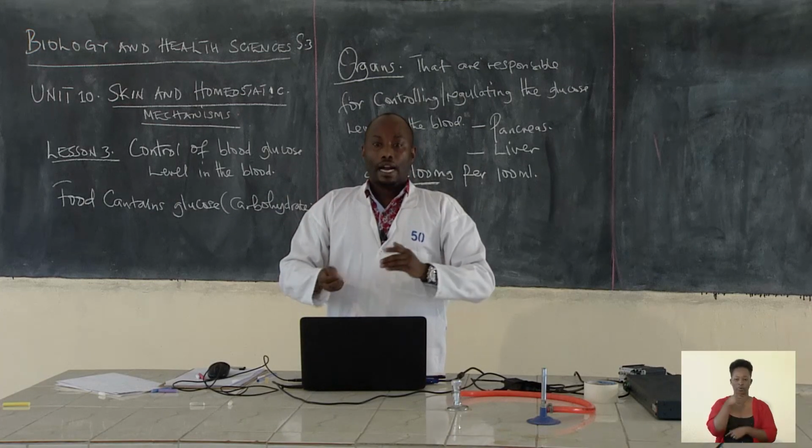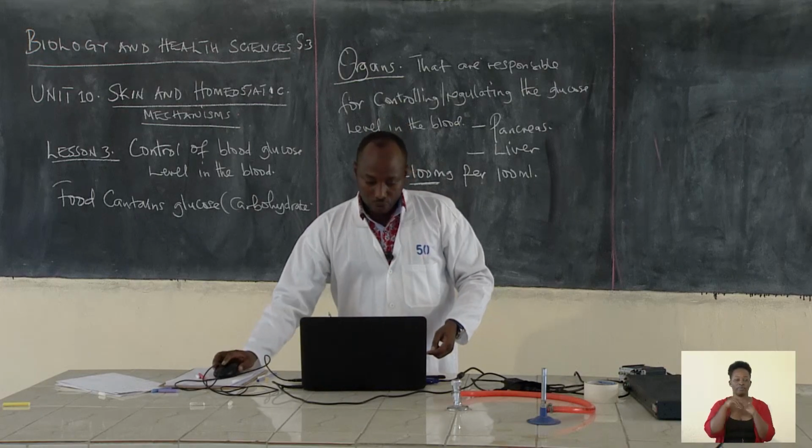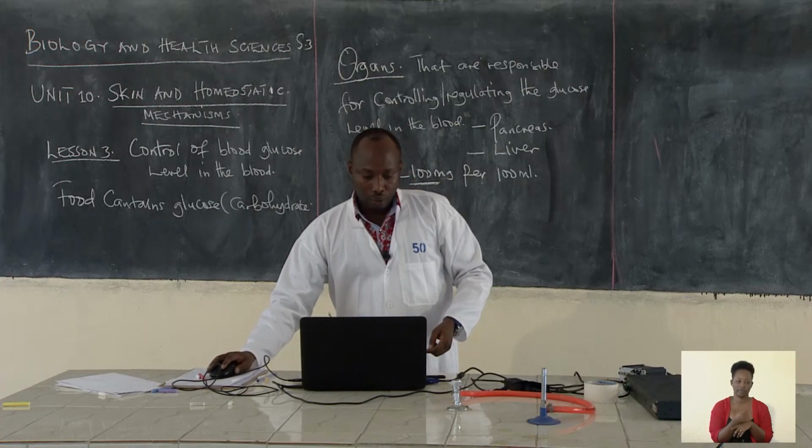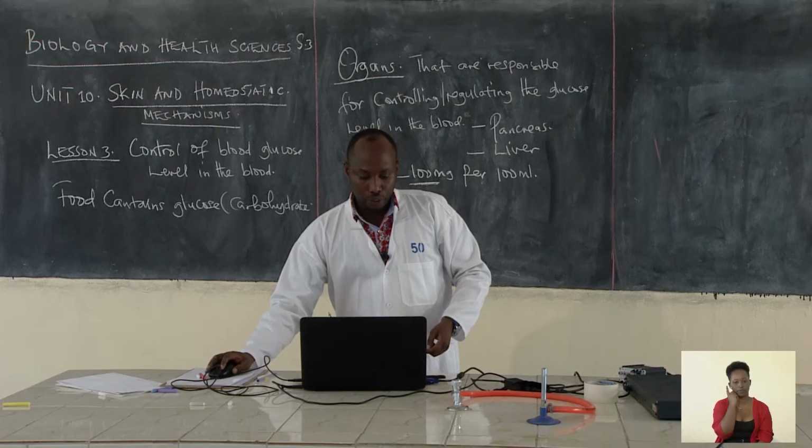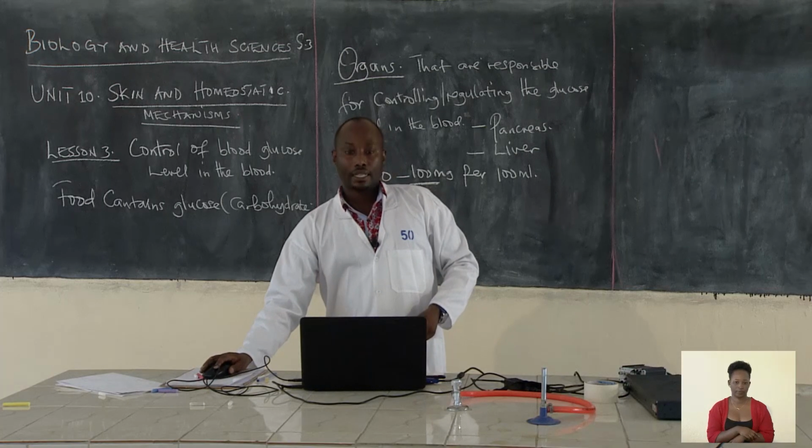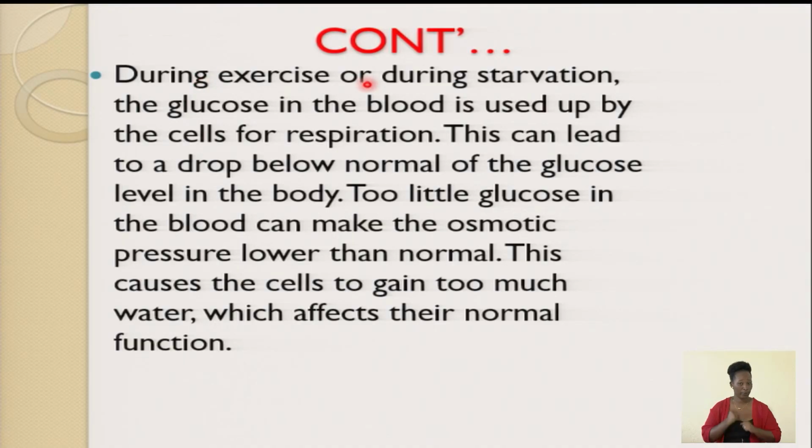All right? Let us try to understand exactly what I'm trying to mention. I said during exercise or during starvation, the glucose in the blood is used up by the cells for respiration. This can lead to a drop below the normal.